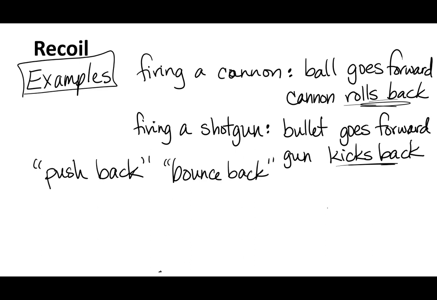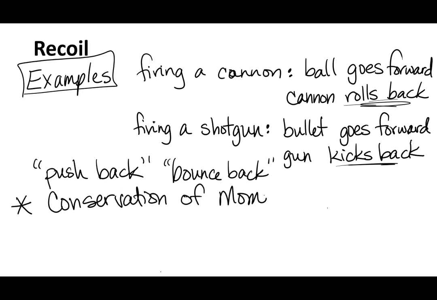something like that. And the reason why it happens is all because of conservation of momentum. The idea that the amount of momentum before has to equal the amount of momentum after.